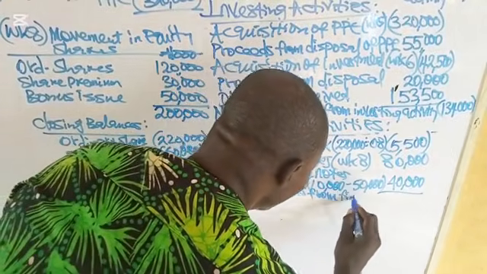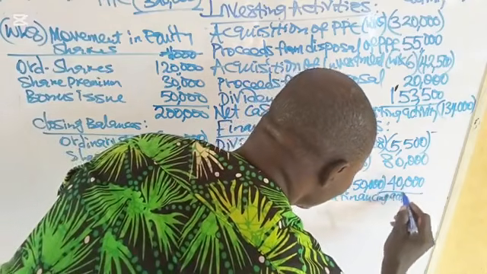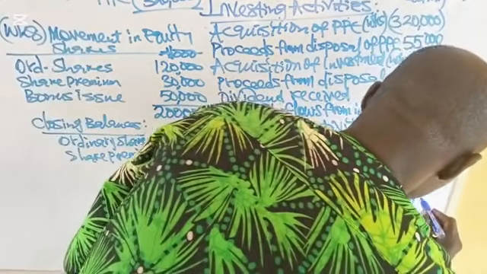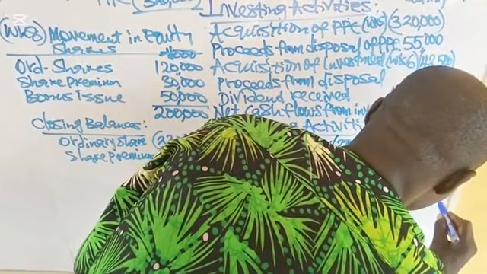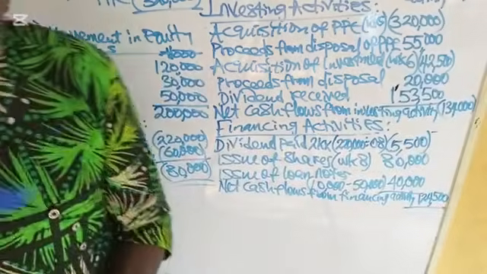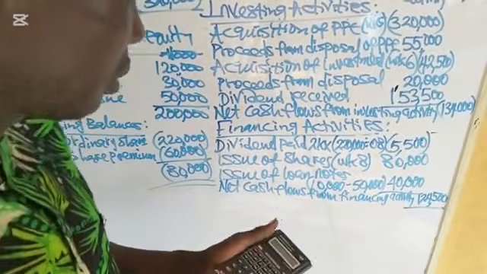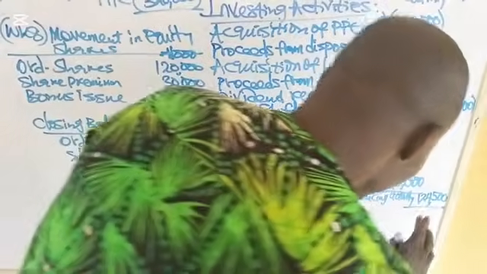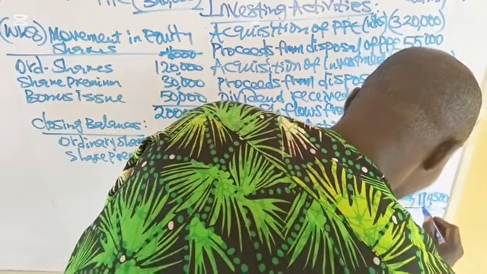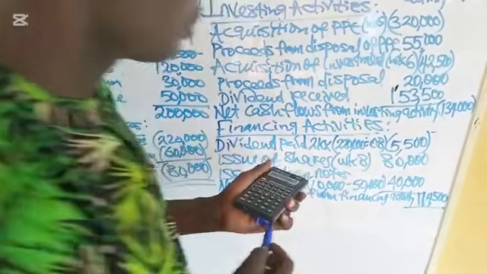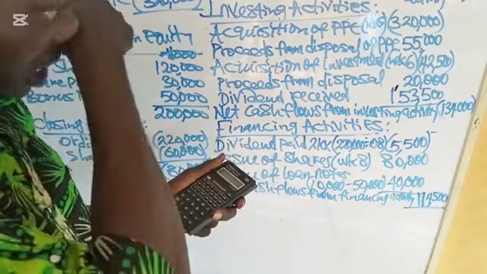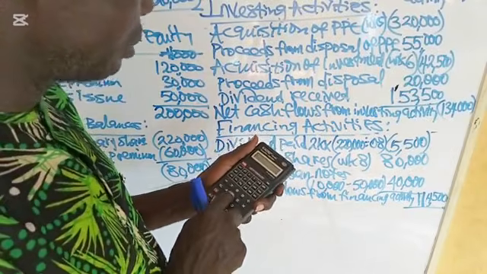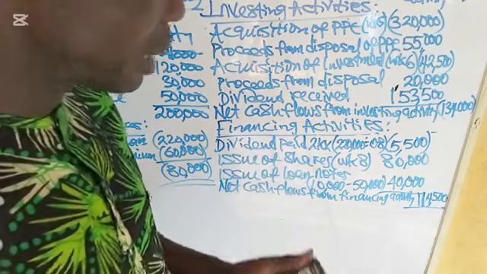That 40,000 is an inflow. So 80,000 plus 120,000 minus 5,500 is 114,500. Then minus 134,000... you have 45,000.